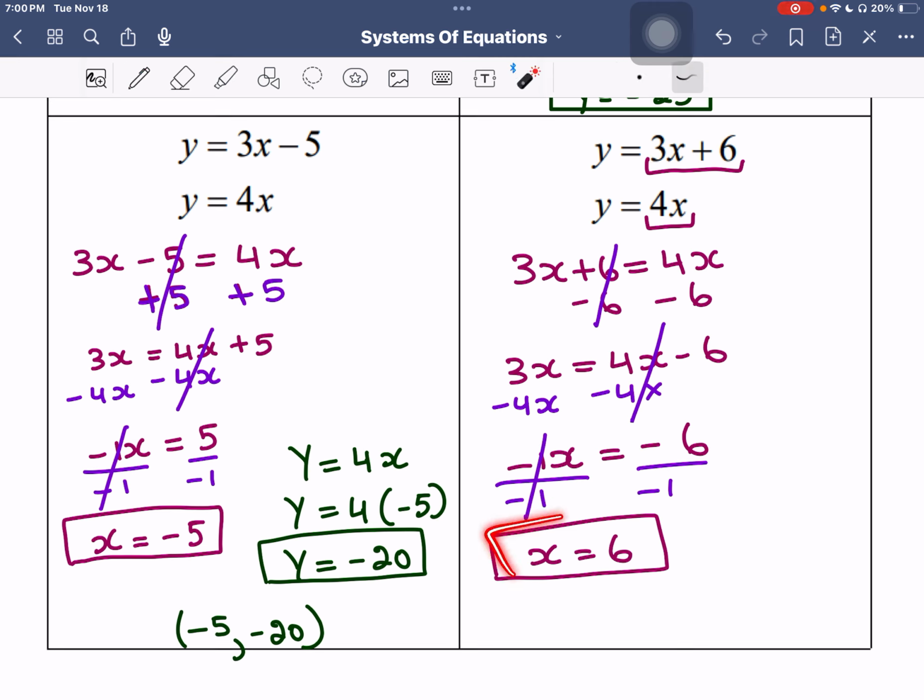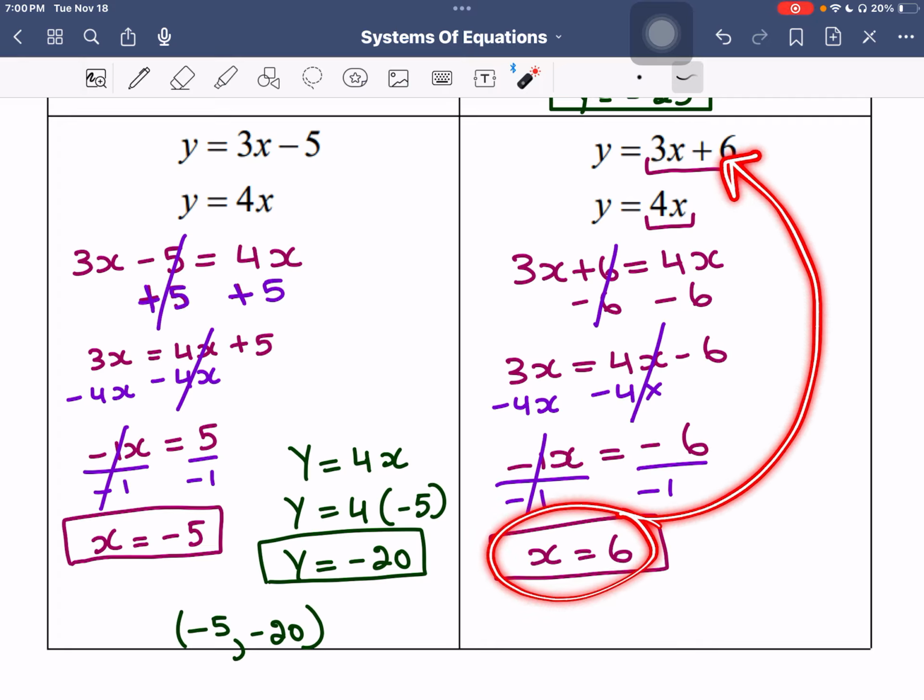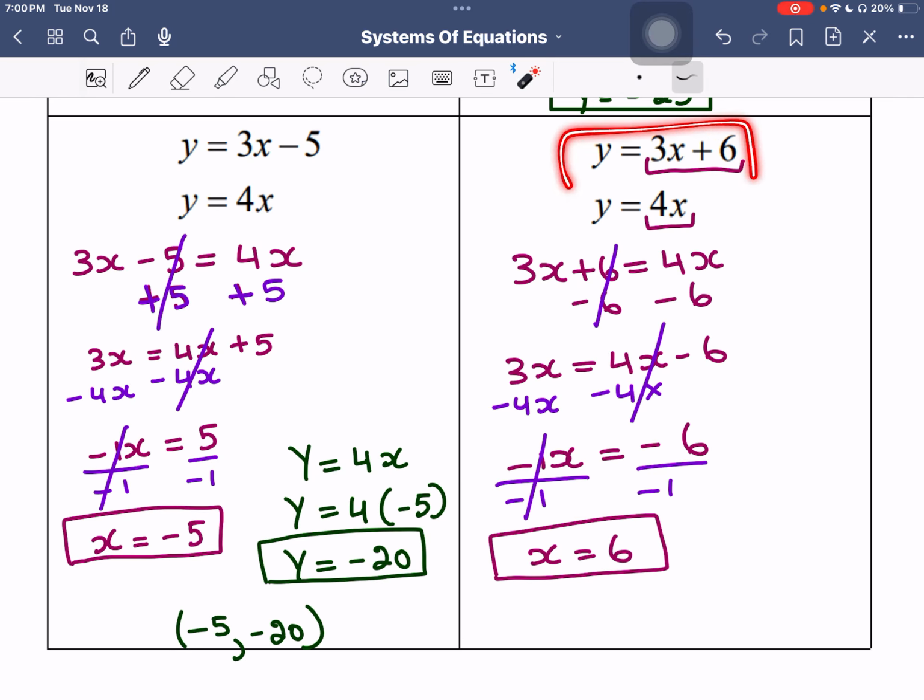So I know that x is equal to 6. I'm going to take my x value, plug it into the equation, and solve for y. So in this example, I'm going to plug my x value into the first equation so that you can see that you can use any equation to plug in the x. It's just that the first equation is a bit longer to solve, but that's okay. Let's just do it as an example anyway.